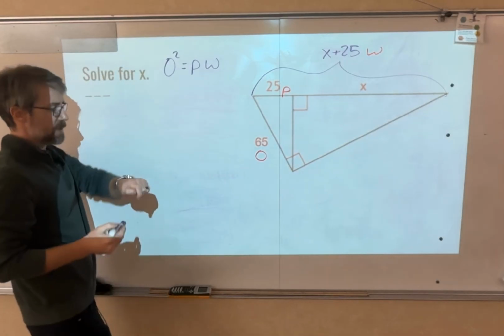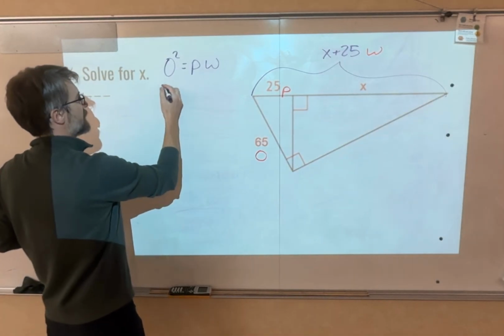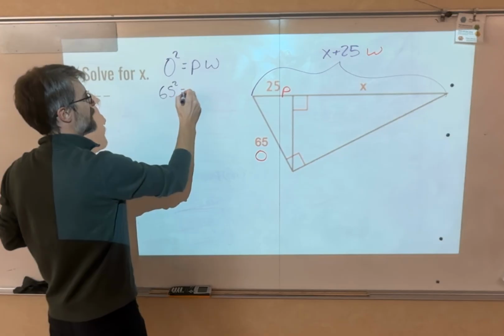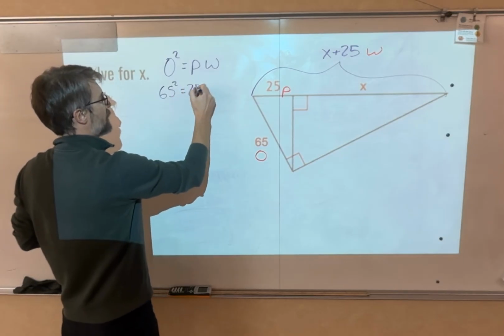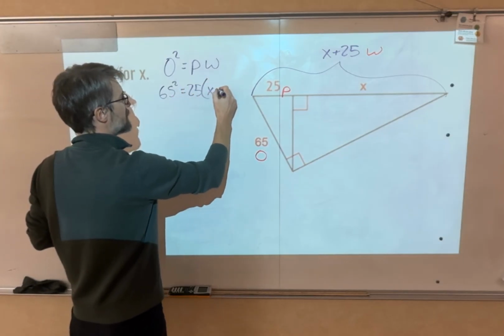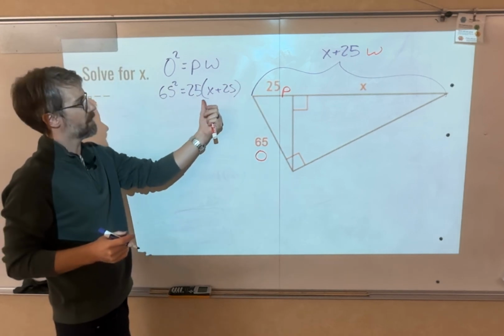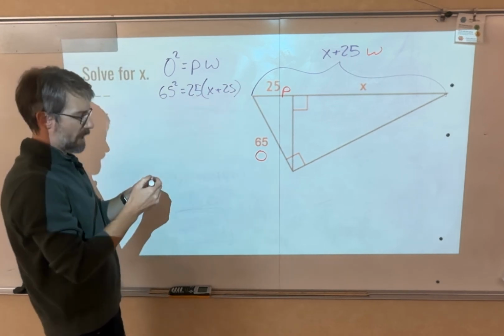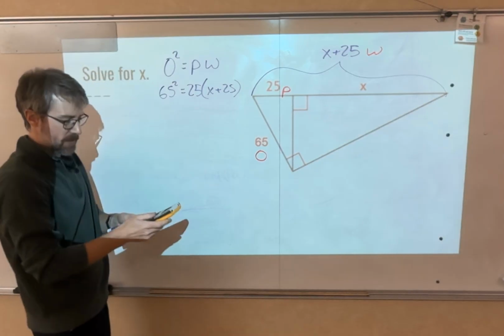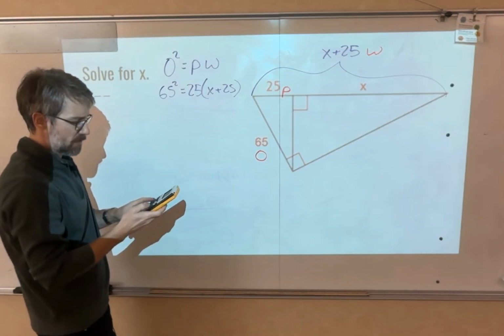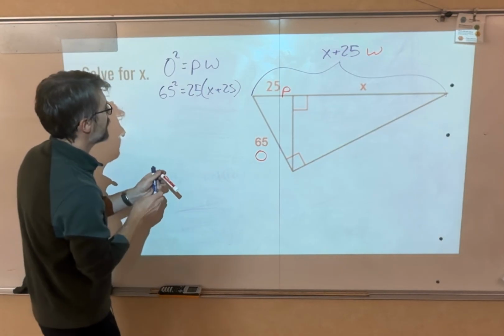Well, again, I can just plug everything in, right? I've got 65 squared on this side. The part is 25, and the whole is x plus 25. Notice that I put parentheses around that because I need that 25 to multiply to both things. Let's start solving this. So let's figure out what 65 squared is first. That's 4225.